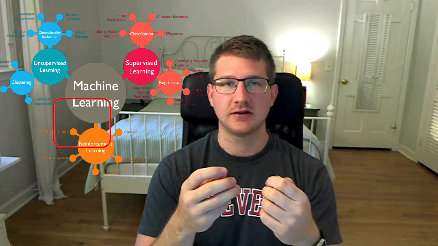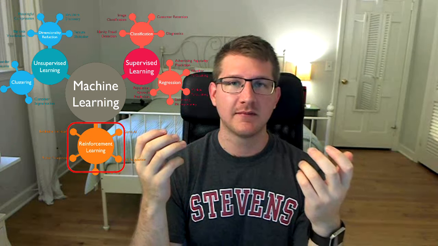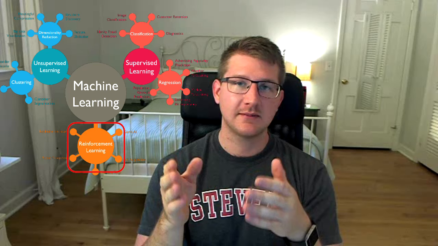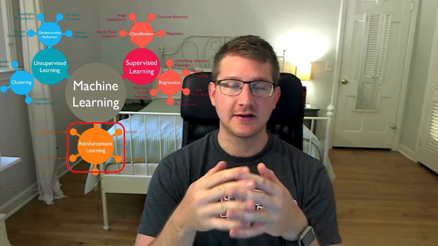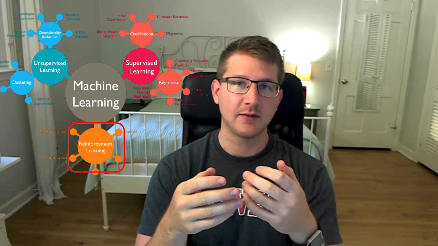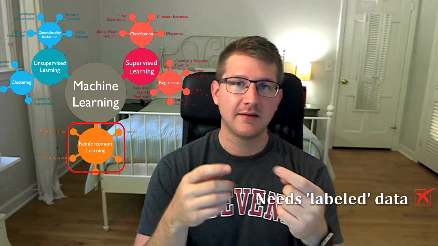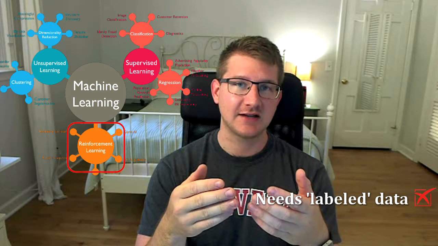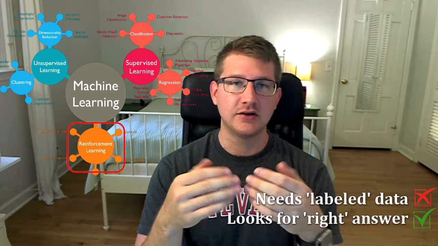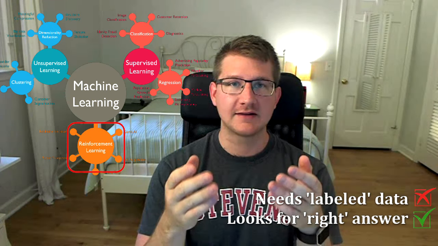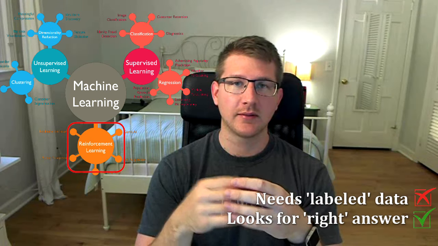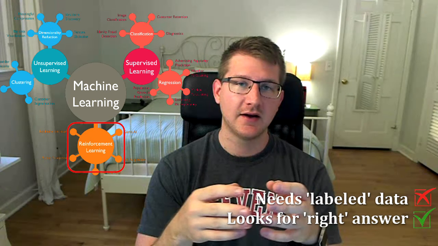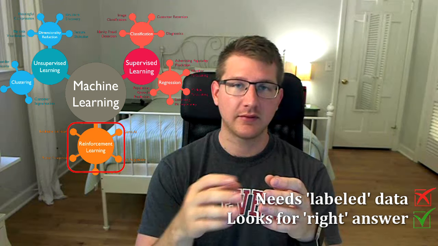Third is reinforced learning, just like our joke. In reinforced learning, similar to unsupervised learning, you start with a data set that is mostly unlabeled, if not all unlabeled. Then the computer builds these categories and tries to guess at what the answer would be. And you, as the user, or you, as the data scientist, then give the computer positive or negative reinforcement so that the computer is able to label the information.